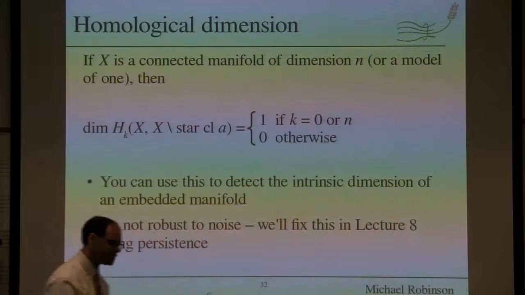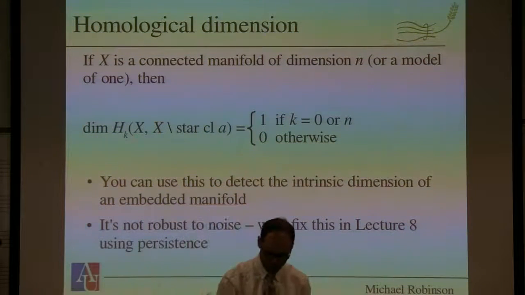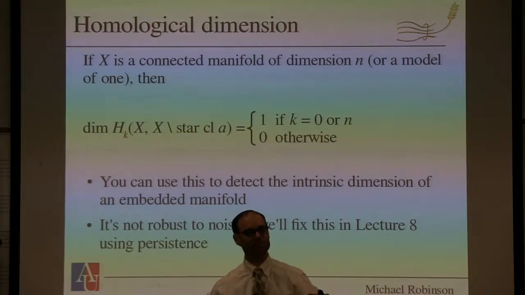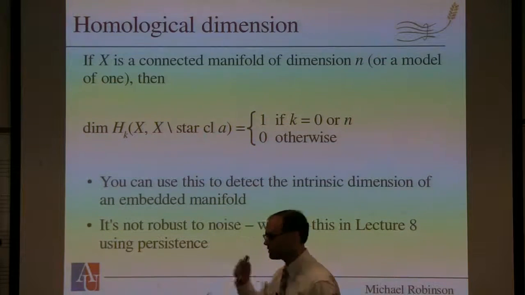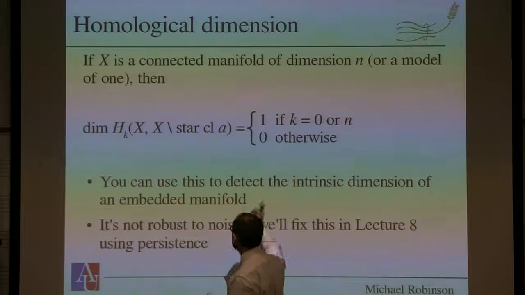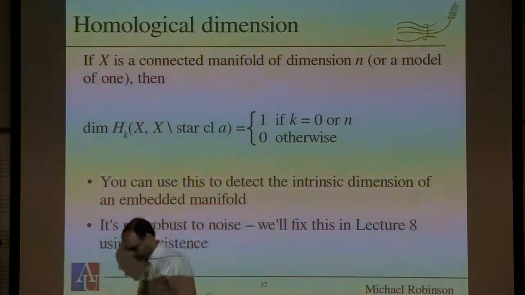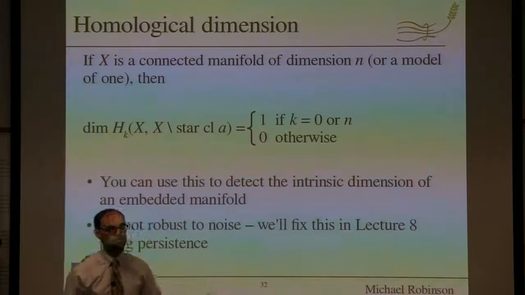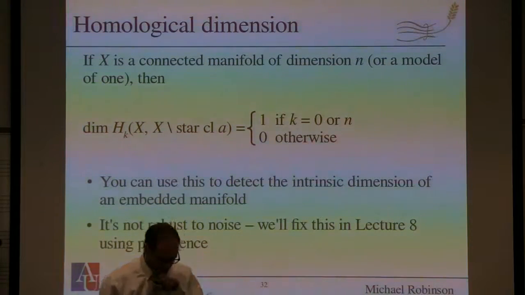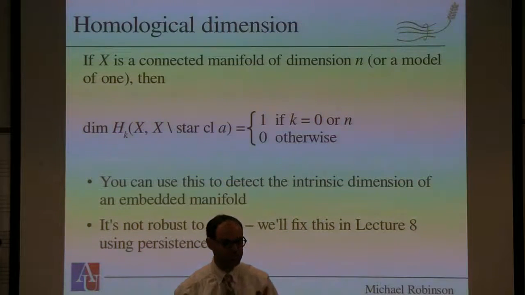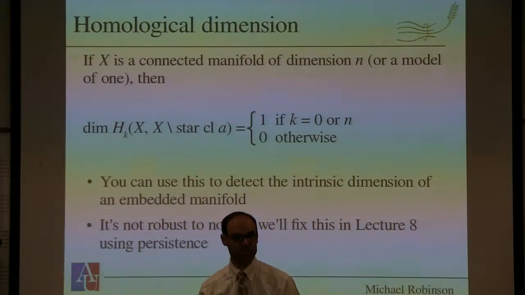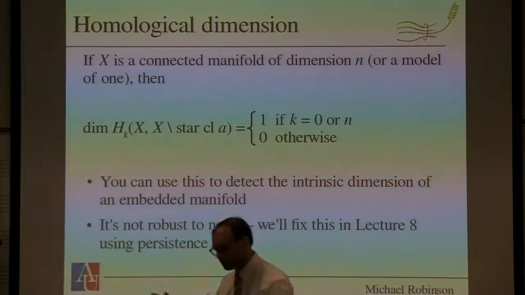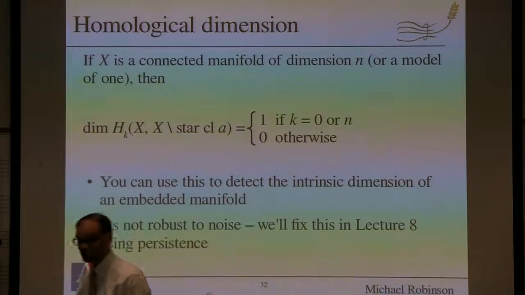And the idea here is that it's measuring if your space looks very much like the surface of a sphere. That's what this is computing, because essentially this is the homology model of a sphere. A space that looks like this is called a homology sphere. So this allows you to tell the intrinsic dimension of your space. If I've got some complicated space as an abstract simplicial complex, I don't know what it is.